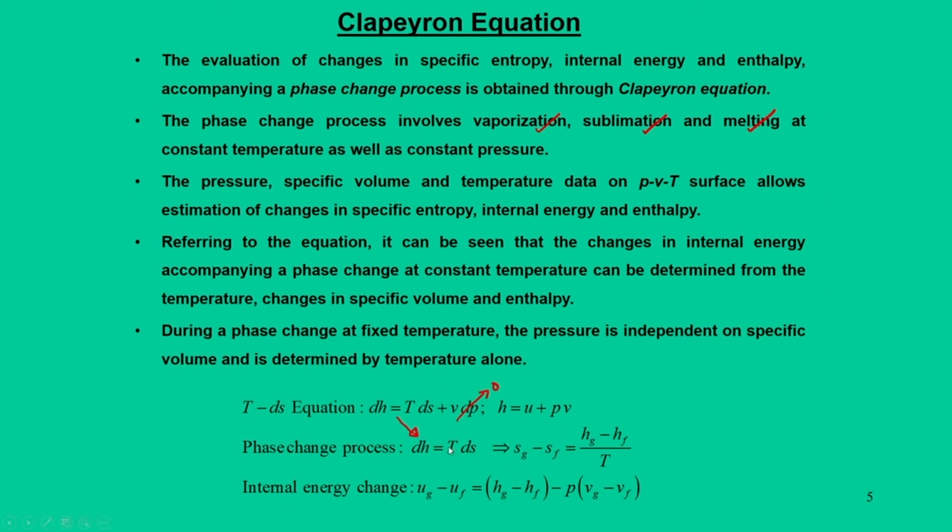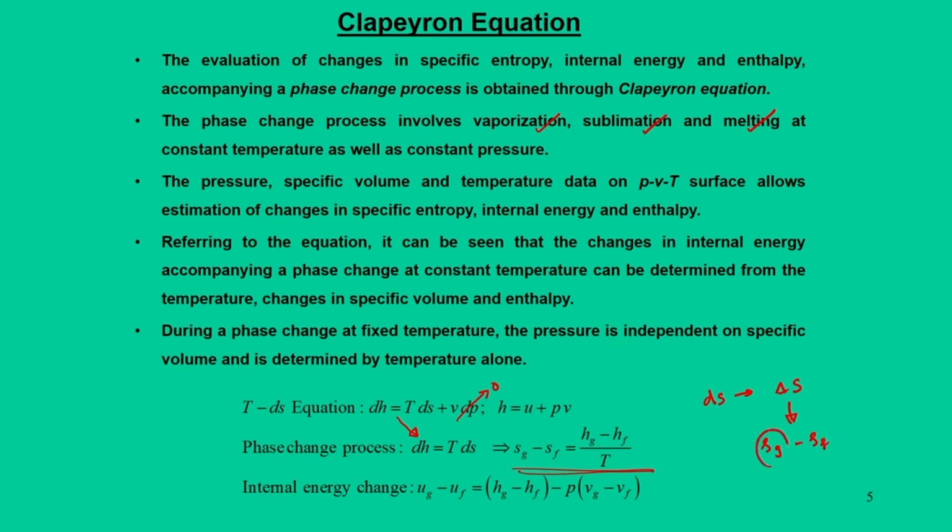Now, from this equation, since it is in differential form, with finite values we can simplify it by taking dS close to delta S, and delta S we find from Sg minus Sf.